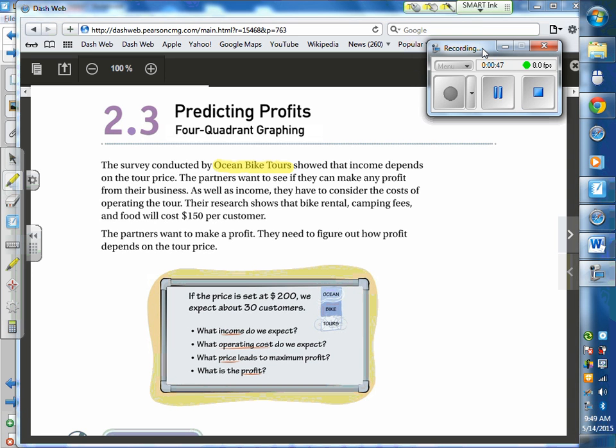As well as income, they have to consider the costs of operating the tour. Their research shows that bike rental, camping fees, and food will cost $150 per customer. The partners want to make a profit. They need to figure out how profit depends on the tour price.